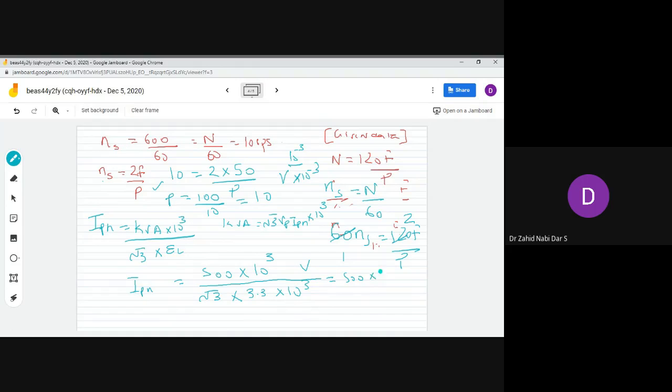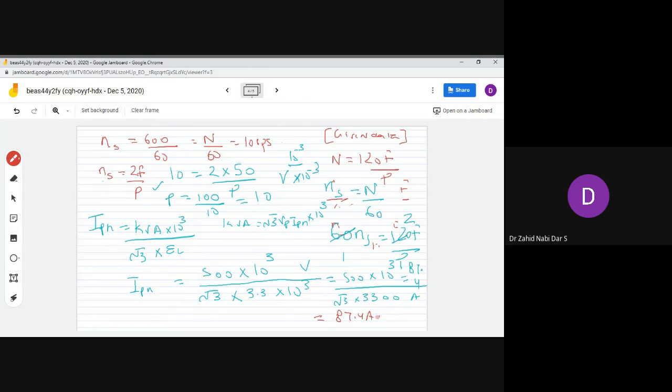If we calculate, I phase is around 87.4 amps.